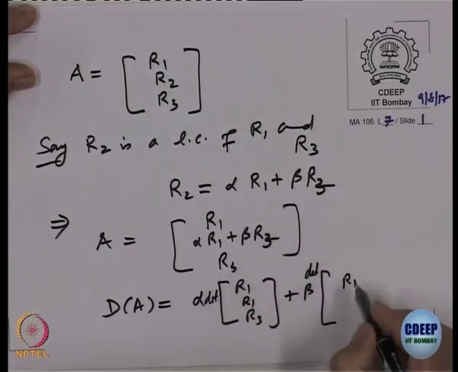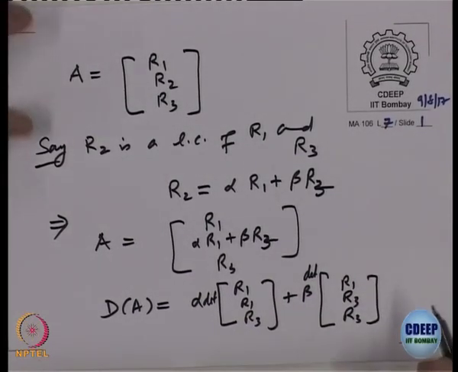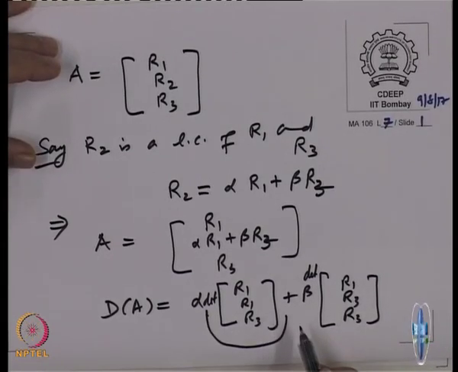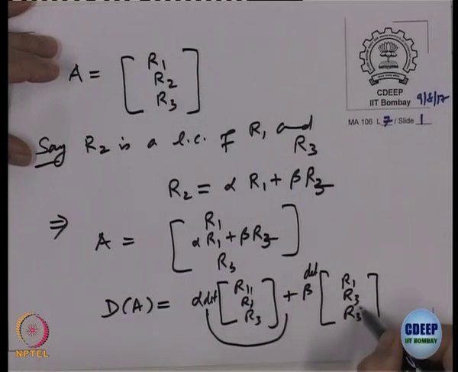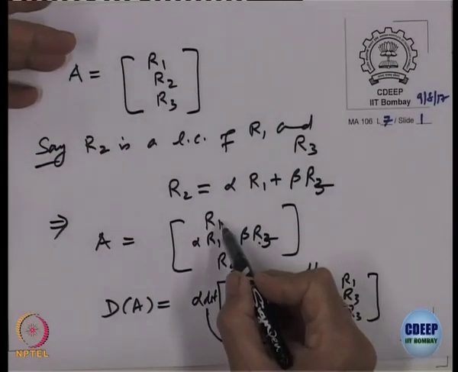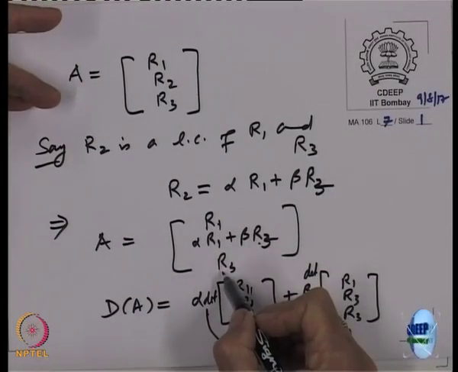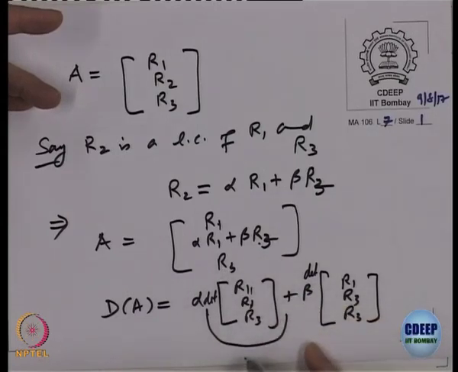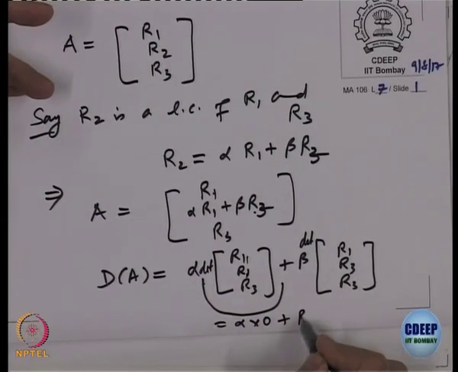So, what is this determinant? That is 0 because R1, R1. This determinant is 0 because R3 and R3. So, I have used the linearity property, the scalar comes out and this is a linear combination of R1, R1, R3 plus R1, R3, R3, right, that is the linearity property. So, this is equal to alpha multiplied by 0 plus beta multiplied by 0.